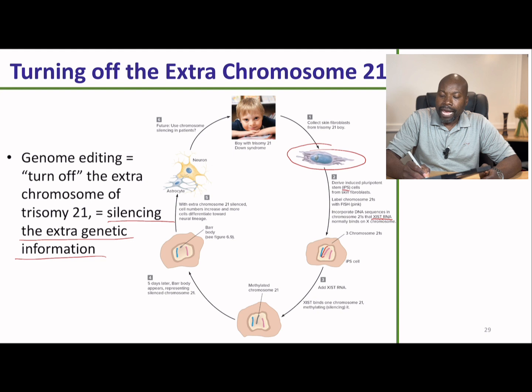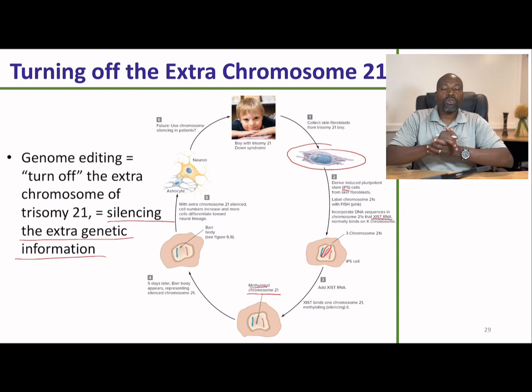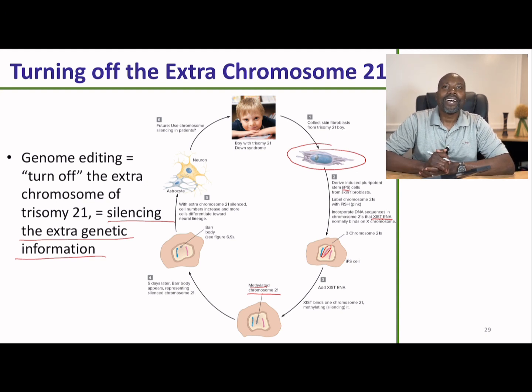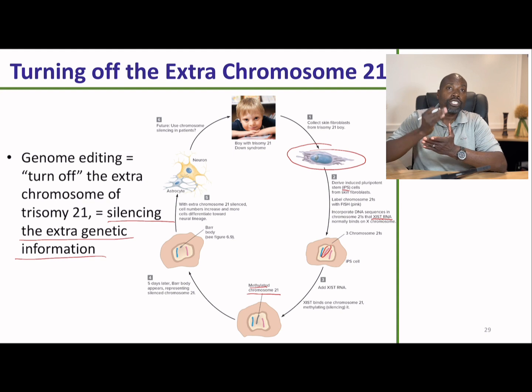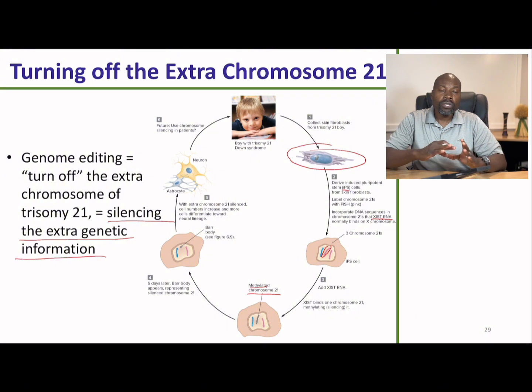The XIST RNA is going to actually go and label one of the extra chromosomes, right? And that chromosome is going to be methylated. And once the chromosome is methylated, then what? That chromosome is actually going to be shut down in terms of gene expression, because methylation causes a shutdown of gene expression, right?